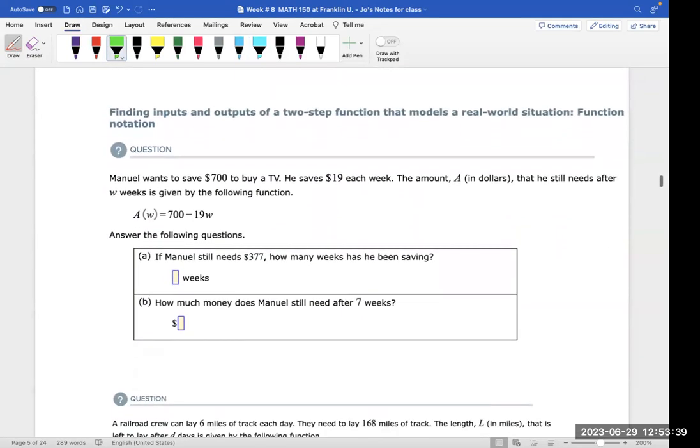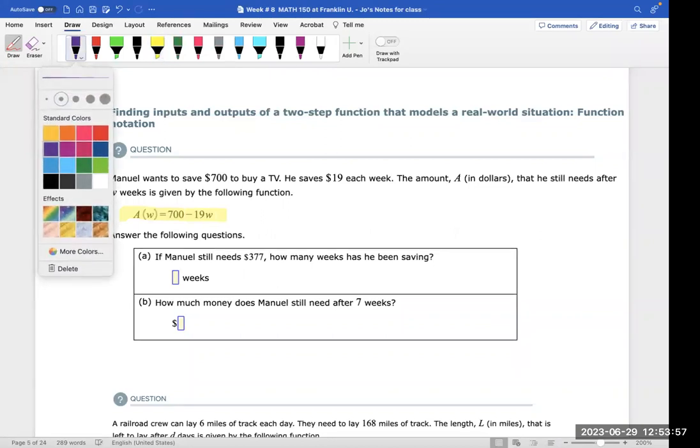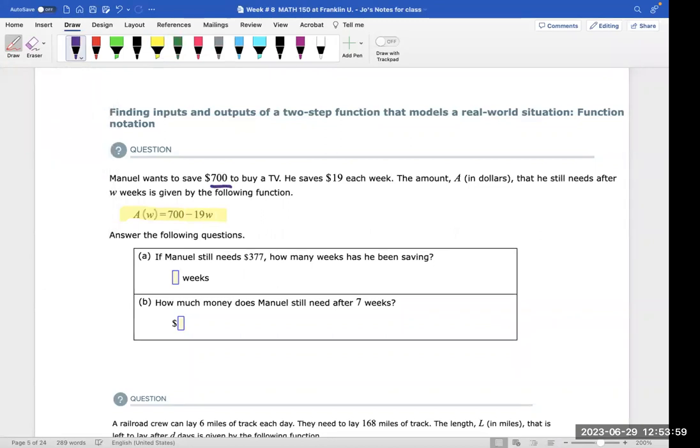All right, word problems. Yes. But these word problems, we give you the equation. The equation will have 2 variables. And I'm going to tell you what one of the variables is. So here's the equation using function notation. Manuel wants to save $700 to buy a TV. He saves $19 each week.